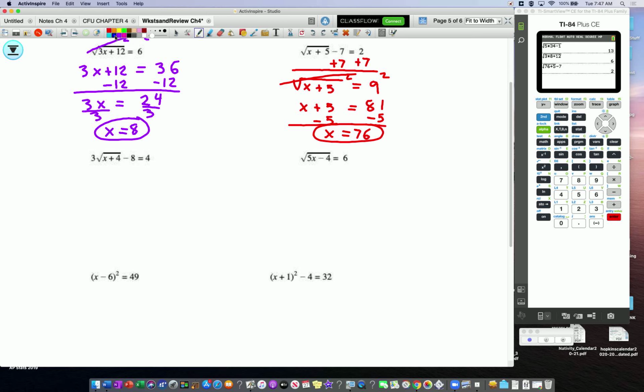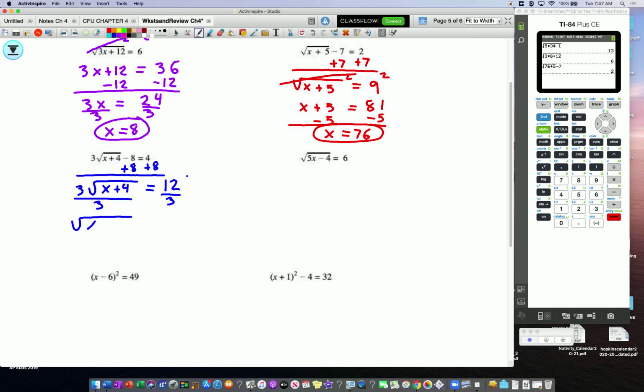We have 3 square root of x plus 4 minus 8 equals 4. So the first thing I have to do is add 8 to both sides. So I have 3 square root x plus 4 equals 12. Now I have this 3 on the outside, so I got to divide both sides by 3.